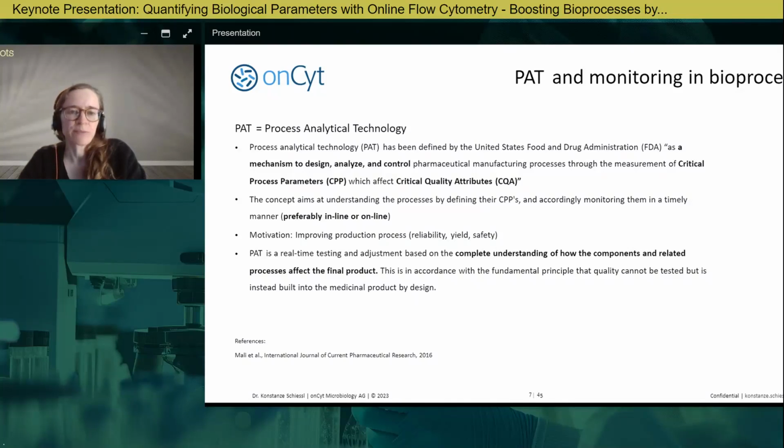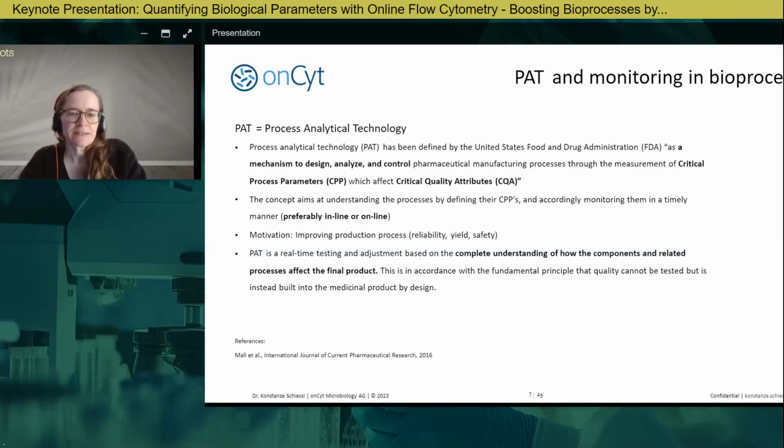So it's a really important concept for industry, and it's a mechanism to design, to analyze, and to control manufacturing processes by measuring something called the critical process parameter. And these affect critical quality attributes. I will get into that a little bit more later, but these are key terms that you will come across in the manufacturing space.